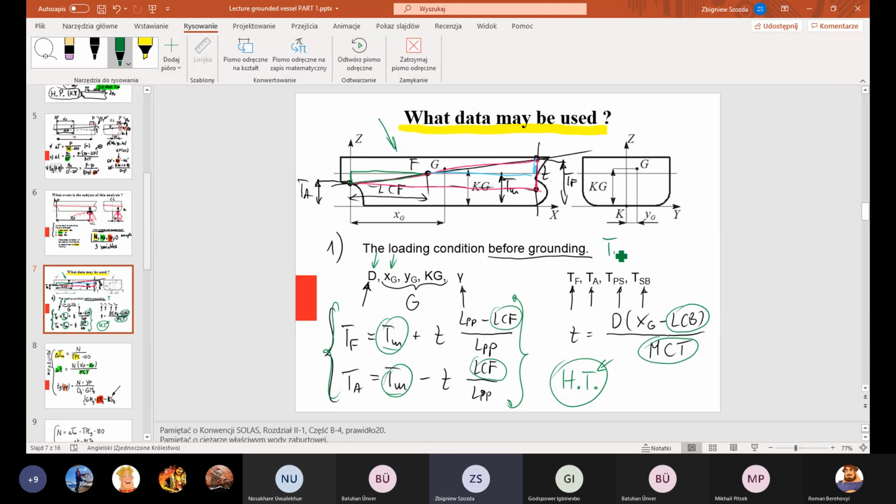Port side draft, how can we calculate? Who can remember what will be the formula? And the starboard formula. I think it will be fruitful if it is homework for you.